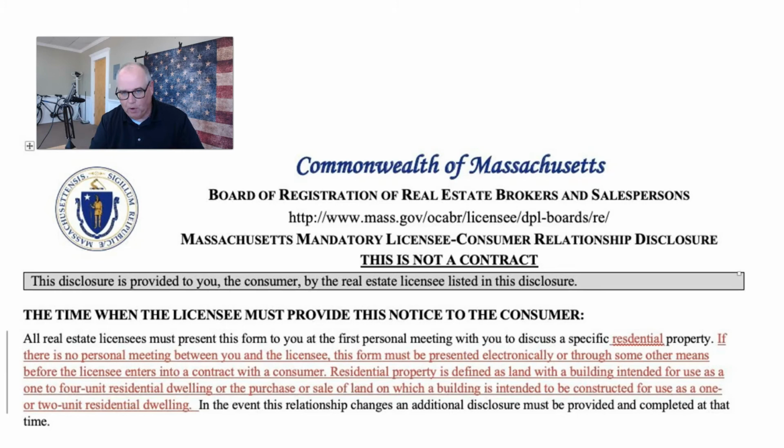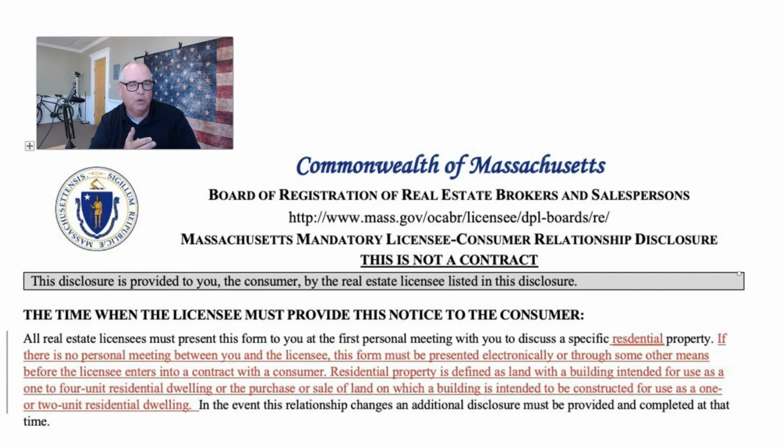Referring back to my prior guidance on this, I've made a couple of videos about this. I'm strongly recommending that you use this form in the beginning of the relationship, at the first possible opportunity, either the first personal meeting, or now, as the state seems to have given you guidelines, this form must be presented through some other means before the licensee enters into a contract.